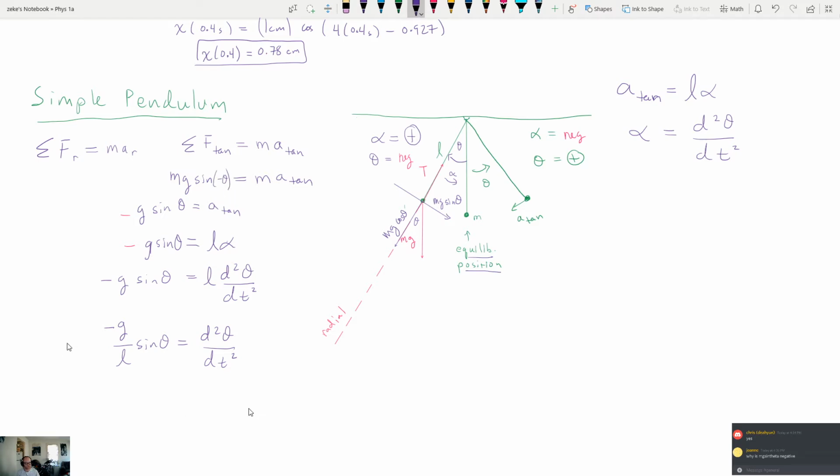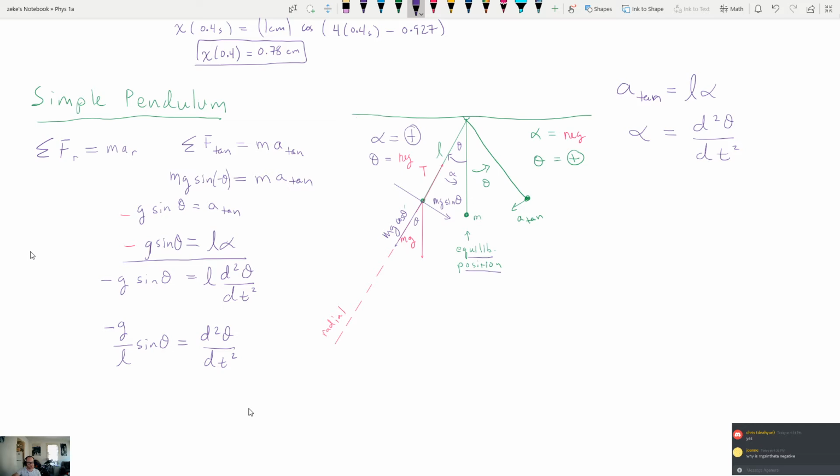The only reason for doing this, Joanne, is because when we get to this line right here, theta and alpha show up in the equation. Because they're angular quantities, their positive and negative nature is determined by clockwise and counterclockwise, right? When we were doing rotational motion, you'd pick something.